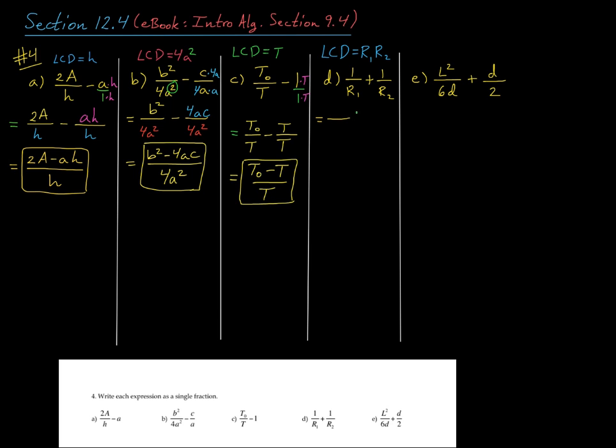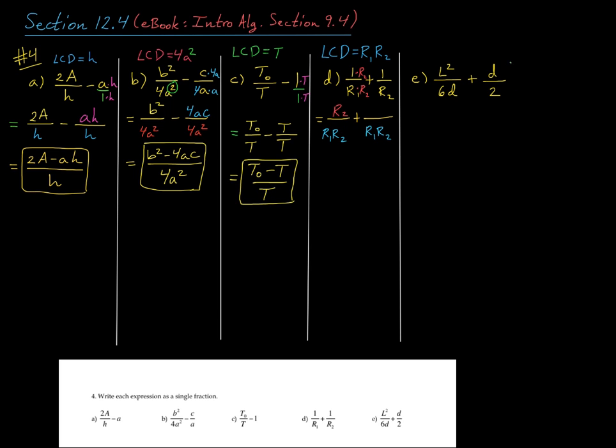And so here I'll just rewrite each fraction so it has the LCD as its denominator. And so then in the first fraction, I'm missing the R2. So I multiply this by R2. So we get an R2 up there.